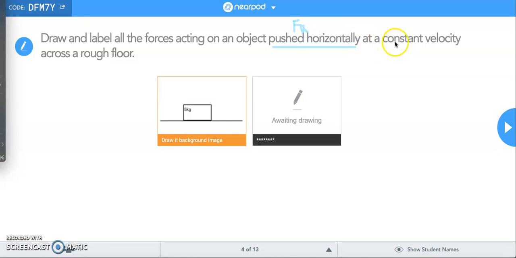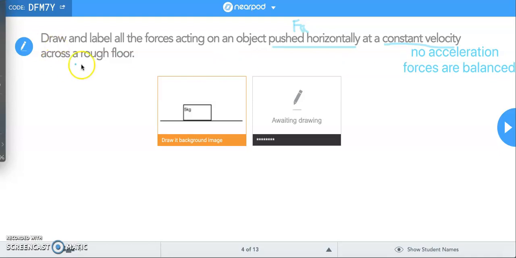All right, so we have an applied force, and it's moving at a constant velocity, which means that there is no acceleration. And that also means that the forces are balanced, meaning that when we draw our diagram, our horizontal forces should be equal in size, opposite in direction, because there is no net force, because our acceleration is 0.